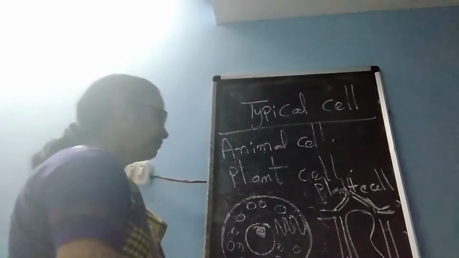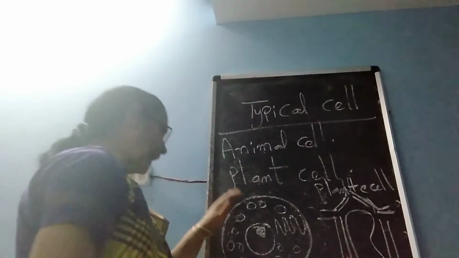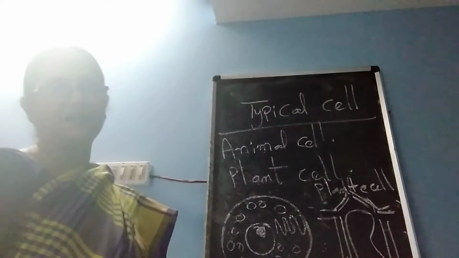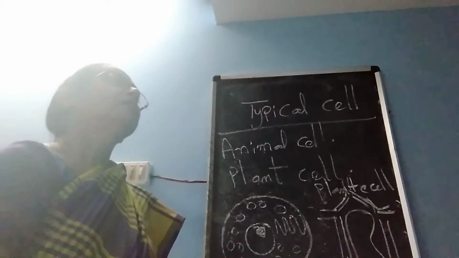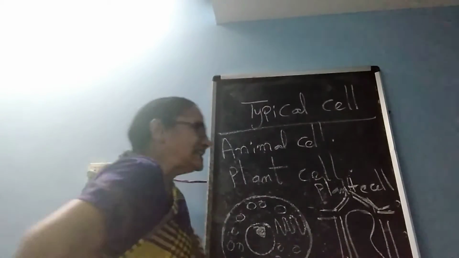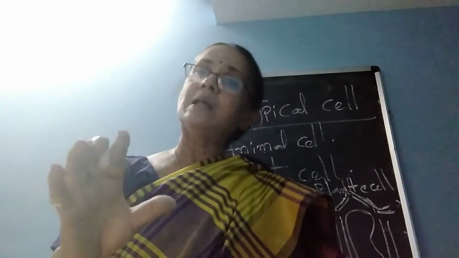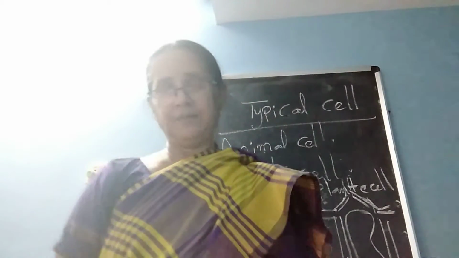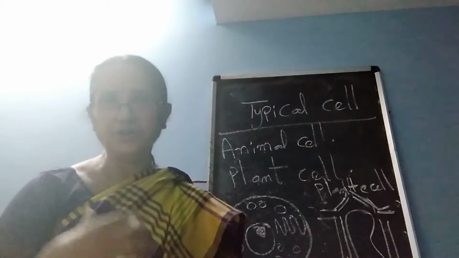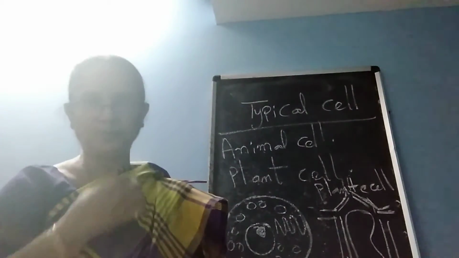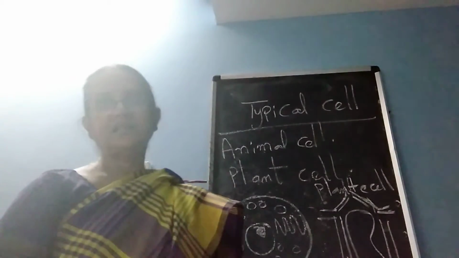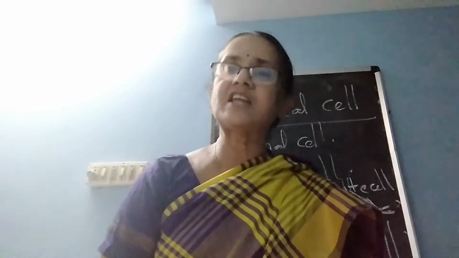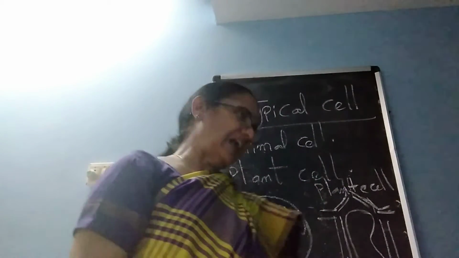The animal cell contains more Golgi bodies, endoplasmic reticulum, small vacuoles, etc. Golgi bodies are responsible for secretion. These are mostly found in the cells of salivary glands. Salivary glands secrete saliva, so more Golgi bodies are present there.